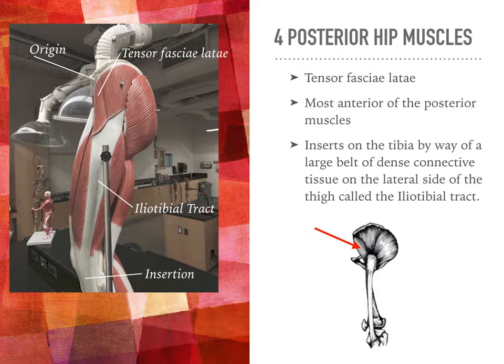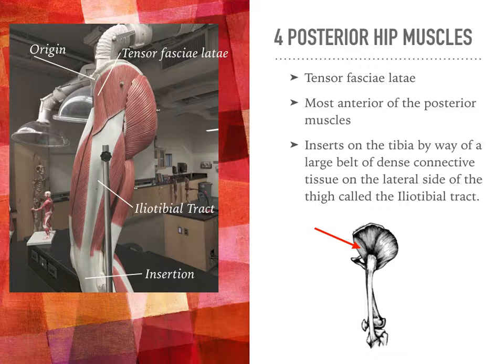And you can see in the picture a band or belt of white connective tissue that runs all the way down the lateral side of the thigh. And the tensor fasciae latae uses that connective tissue to anchor itself down onto the tibia.